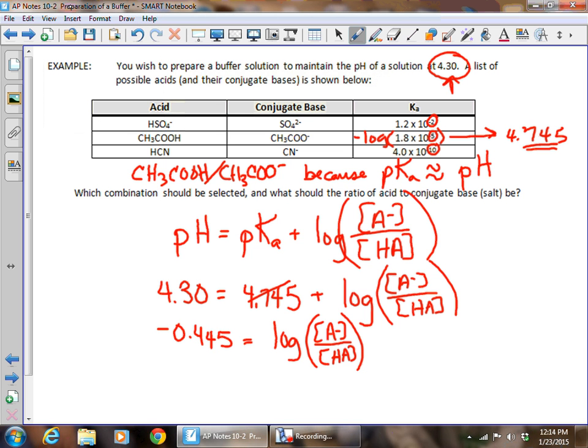Now we want to take the inverse log of both sides to solve for that. So we're going to take the inverse log of this side, and the inverse log of this side. So inverse log cancels here with that log, so that term drops out.